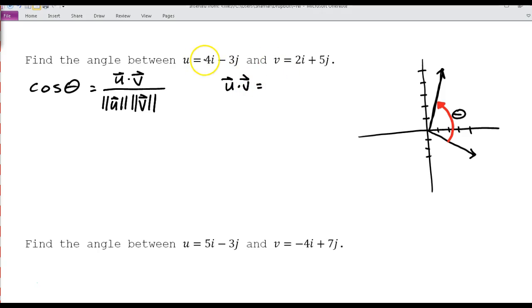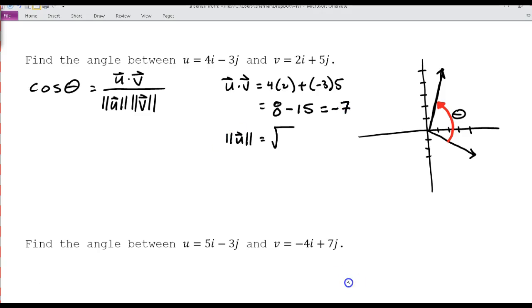Again, I'm going to multiply the x components, so that's 4 times 2. I'm going to multiply the y components, -3 times 5, and then I'm going to add those. So I get 8 minus 15, so the dot product of these is -7.